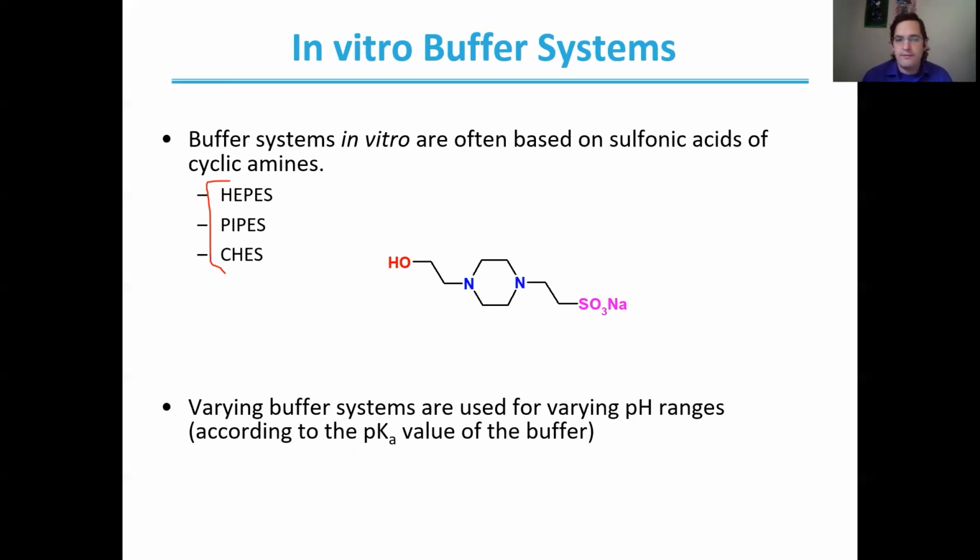These each have different pKa values that allow them to work as buffer systems for varying pH ranges. Here's an example of one of those buffer structures. This would be HEPES here. Again, these are just a variety of different weak acids that you can use to help control the pH value based on the pKa value of your buffer.